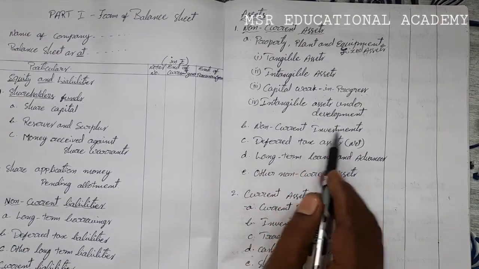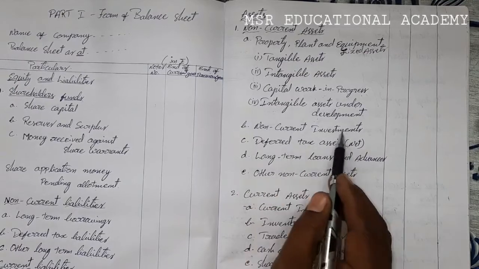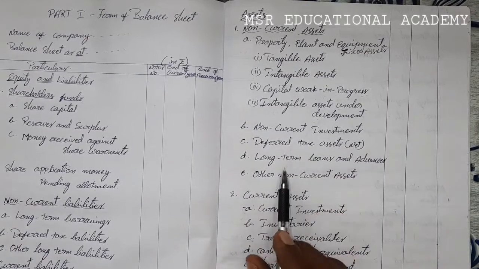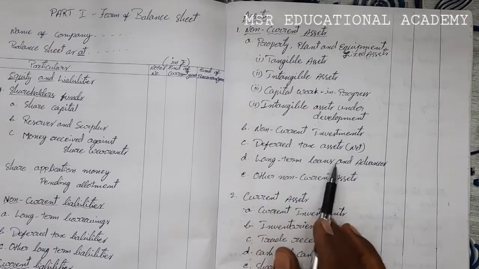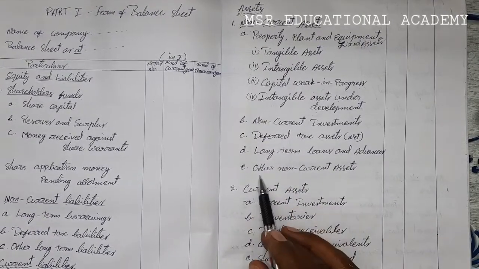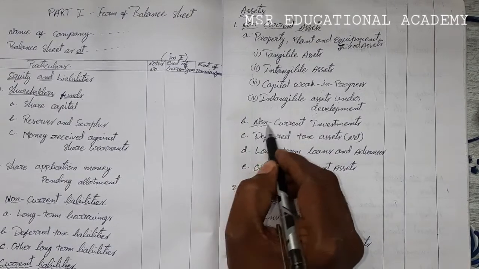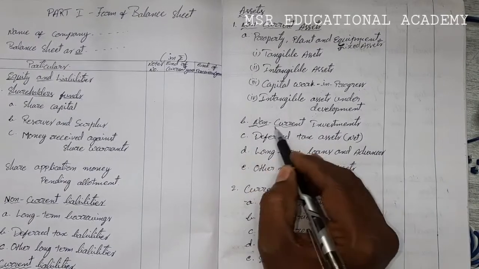Next, non-current investments. Next, deferred tax assets, long-term loans and advances. Next, other non-current assets. These are the non-current assets.